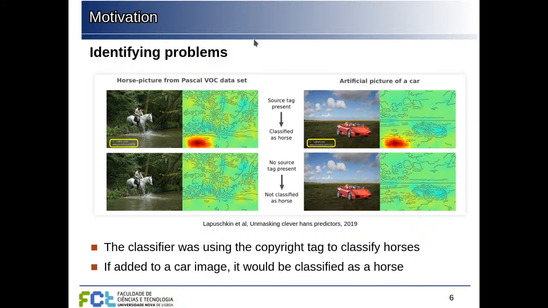So by using this interpretation method, they noticed that in these cases, the model was not learning the right features for the classification. This was actually not a deep neural network, it was a different model, but the idea is the same.